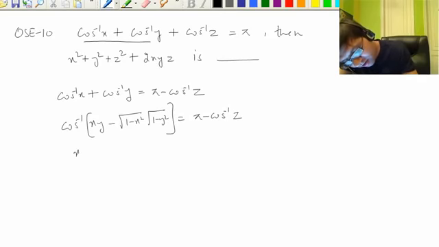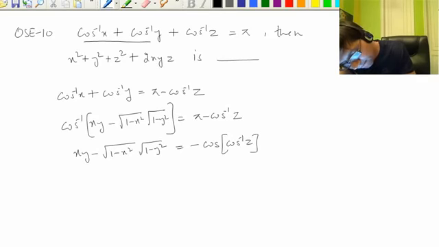Now we take cos of both the sides. This is xy minus root of 1 minus x square root of 1 minus y square equals to, when we take cos, pi minus theta is minus cos theta, and this cancels out, so it is z minus z. So you have taken cos, it doesn't matter which formula we applied.